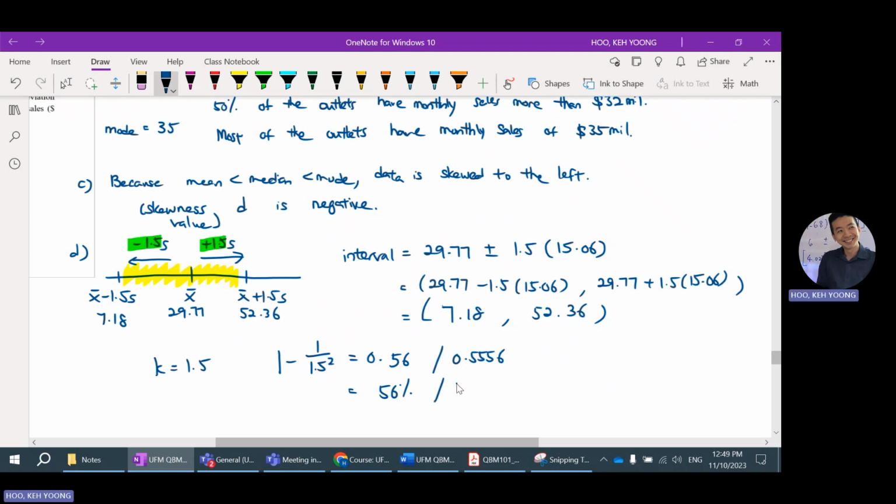If you keep 4 decimal places, you'll get 55.56%. In your MCQ, see which answer is available. So this percentage of data will lie between 7.18 and 52.36.